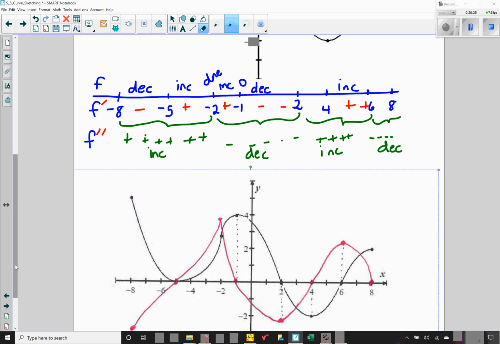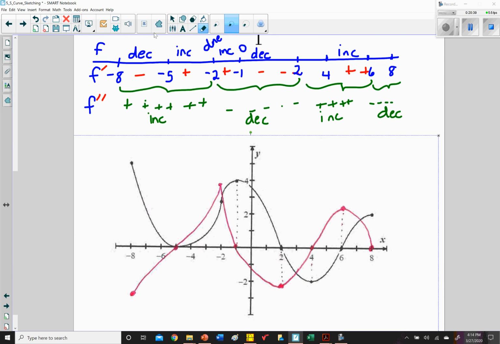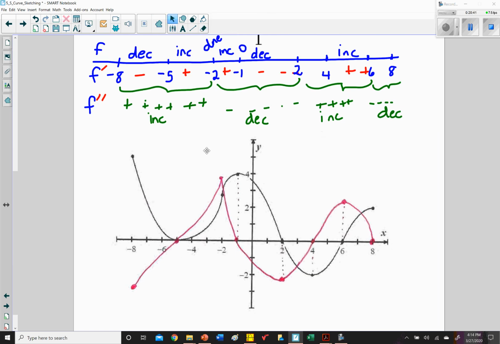Taking that language and transferring that over to a graph, I have a picture that looks similar to this. So the function was decreasing, so my derivative had to be negative down here below the x-axis. And then at -5, it had to be above the x-axis.